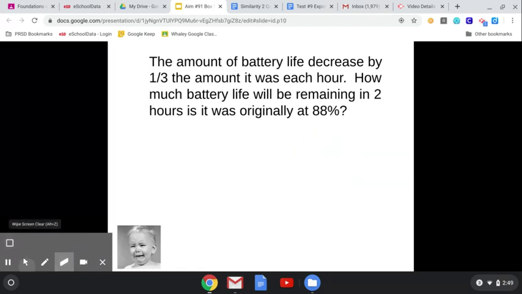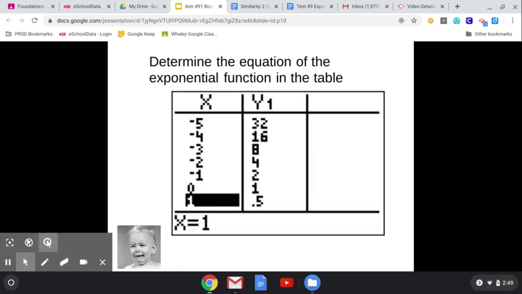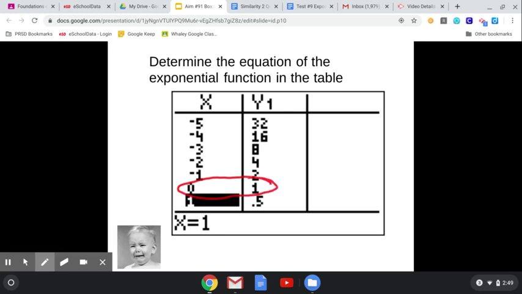Moving on. Determine the equation of the exponential function. Okay, I like these ones. If you remember from the first time we did it, we're looking where x is equal to 0. Here's our a value. That b value we can get from taking any of these y values and dividing it by the number in front of it. So 4 divided by 8 gives me 1/2 or 0.5.